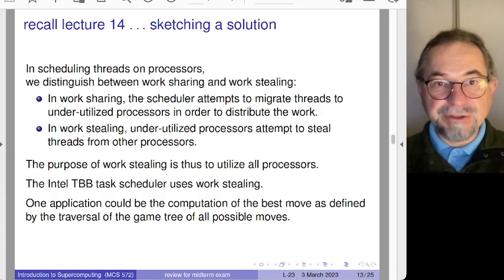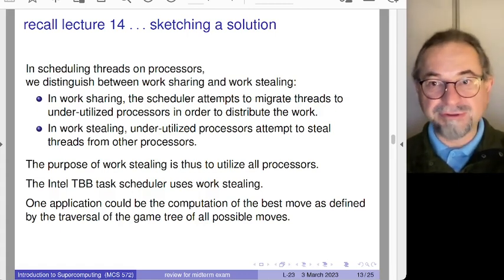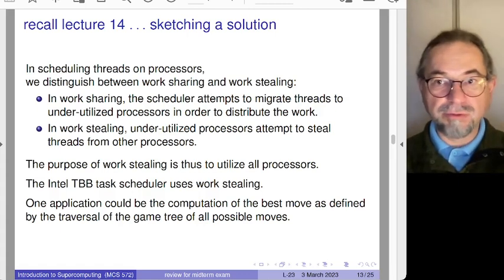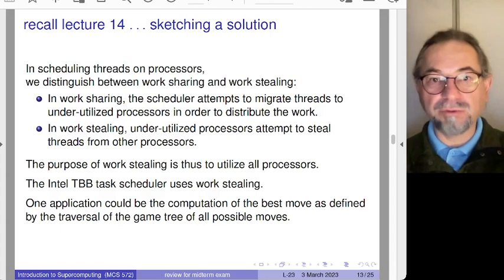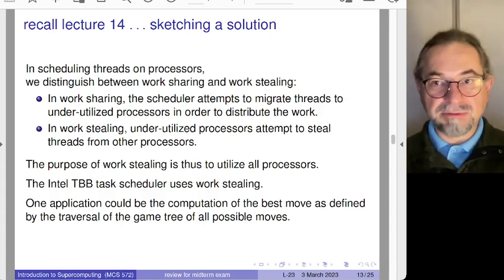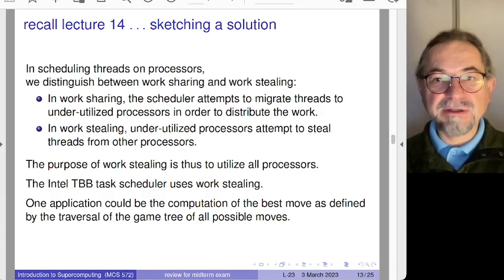So here is the difference from job scheduling done by one scheduler, one central algorithm that's executed by one node. Think about the manager-worker paradigm in distributed memory computing. In work stealing, the idle workers are looking for jobs from other processors.